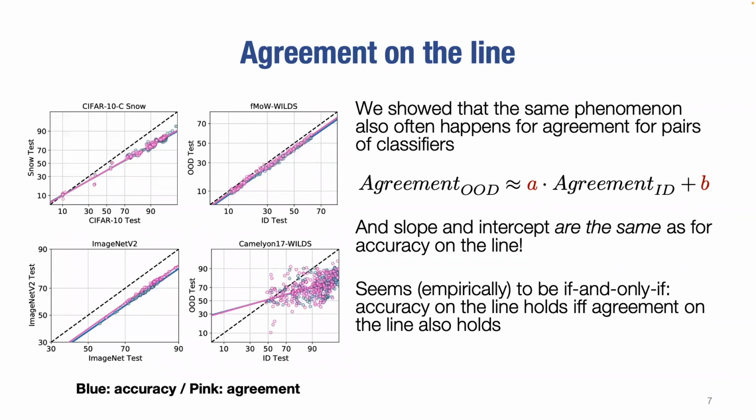All right, so this, I would argue, makes this whole thing incredibly practical. Because those purple plots that I showed you, all those purple dots, that figure I can generate with no labeled data at all. Because agreement, out of distribution or in distribution, doesn't need labels.